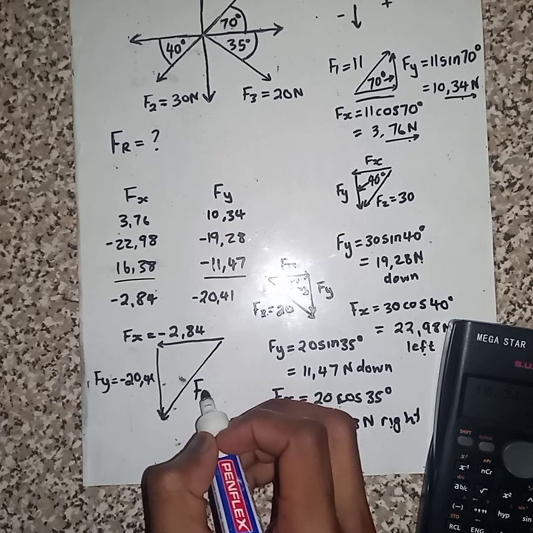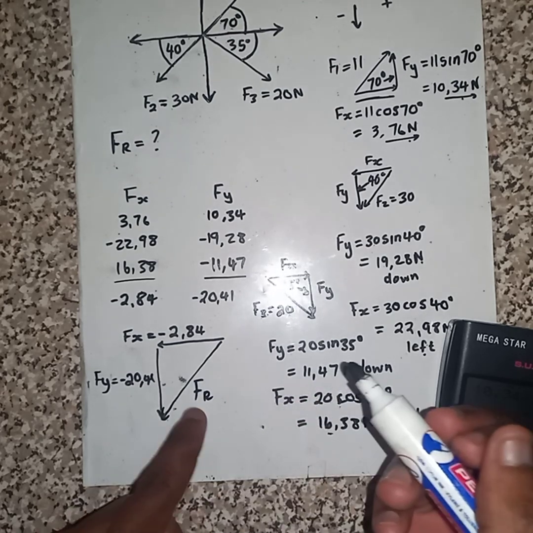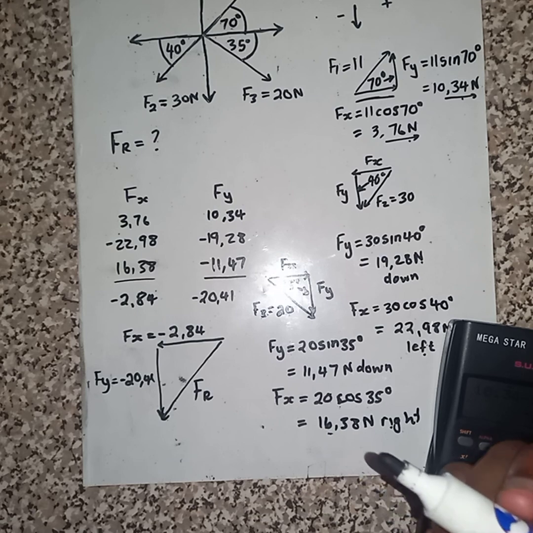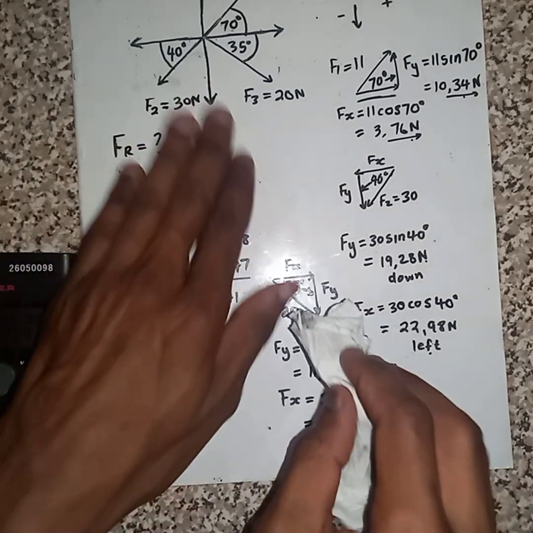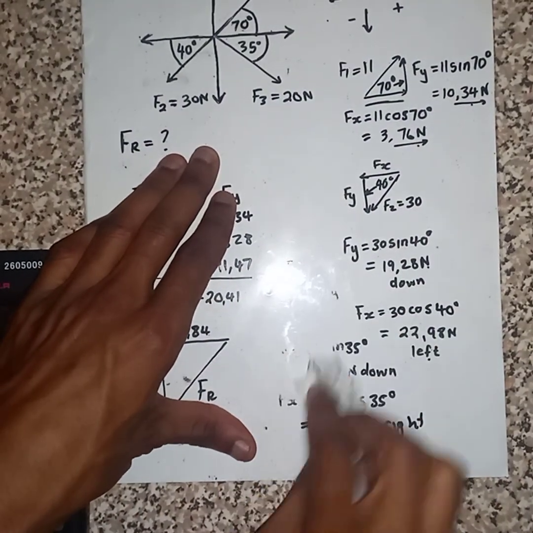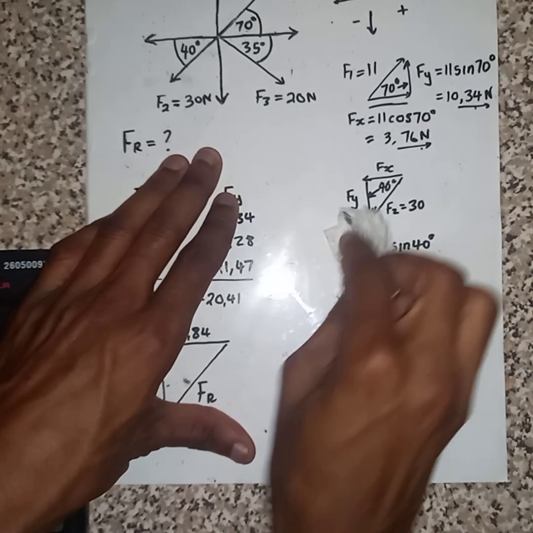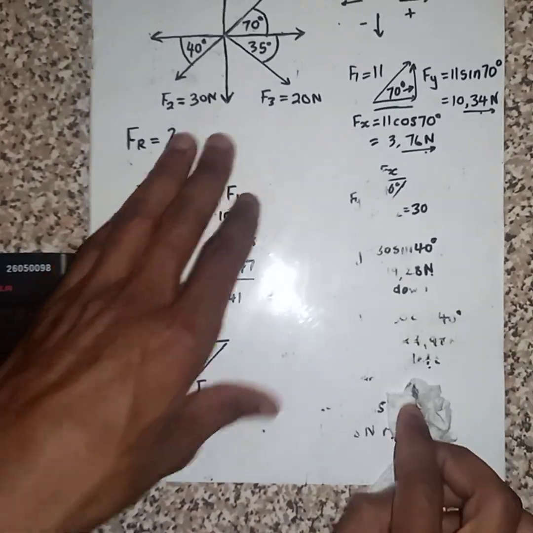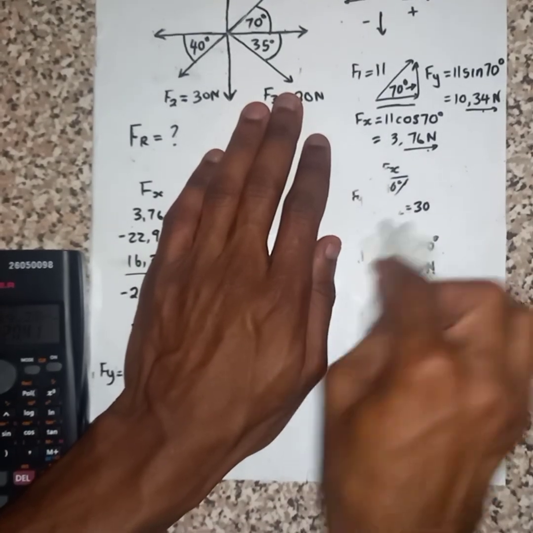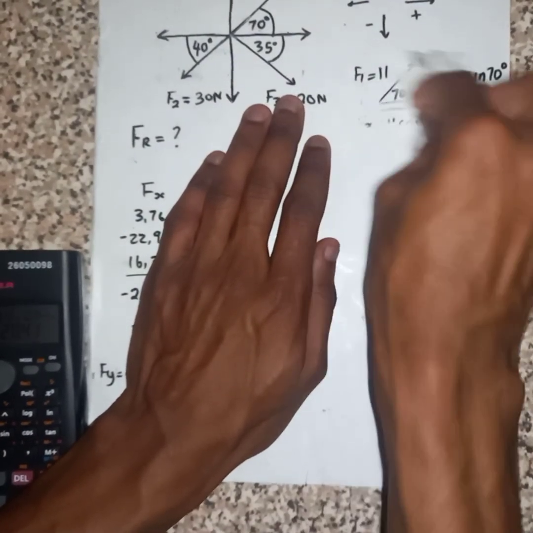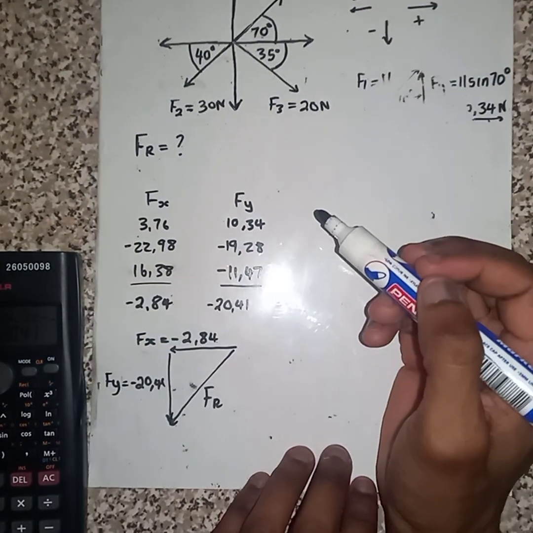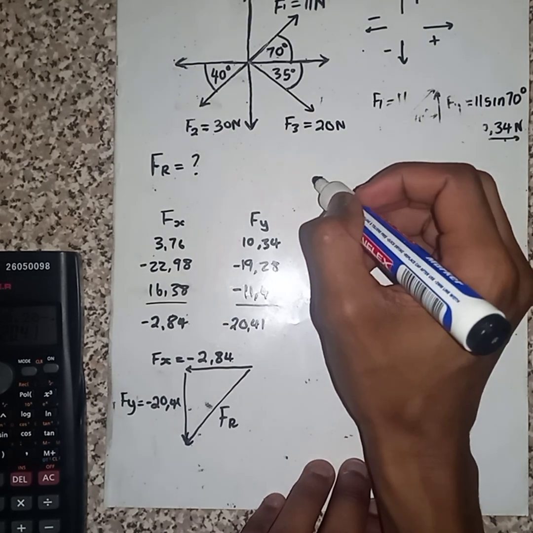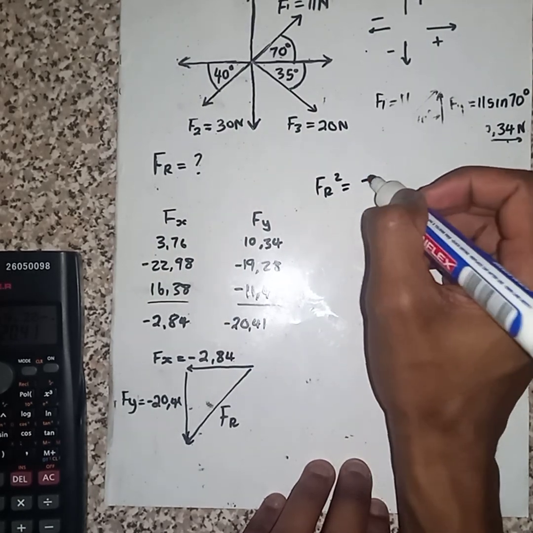Then now we do like this. They want us to find this fr. For us to find this fr, clearly we are going to use what? The theorem of Pythagoras now. Let me erase somewhere here. Let me create some space. Okay, I think it will be enough. Then for us to find fr, we need to use the theorem of Pythagoras.